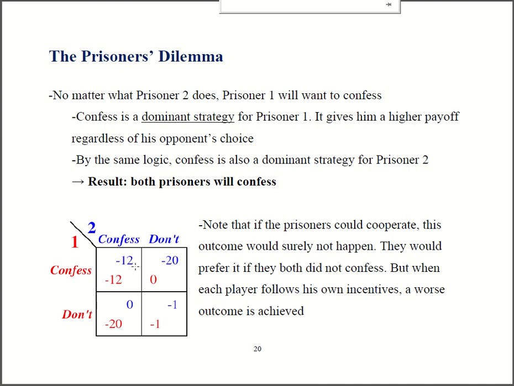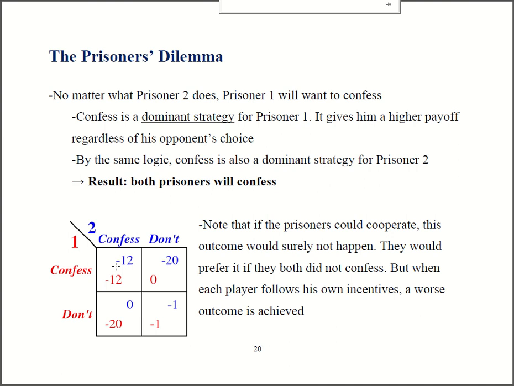If instead they're not confessing, while prisoner 1 is confessing, then prisoner 2 gets 20 years in prison. So prisoner 2 would rather confess in this case. So prisoner 2 tells himself, okay, if prisoner 1 confesses, I also want to confess. If I think they're going to confess, that is.